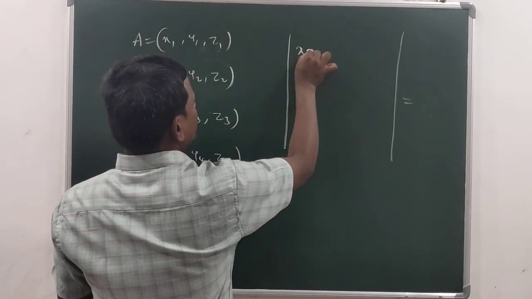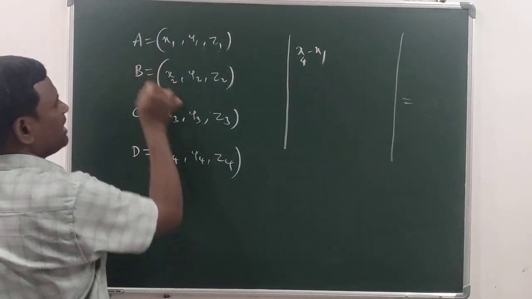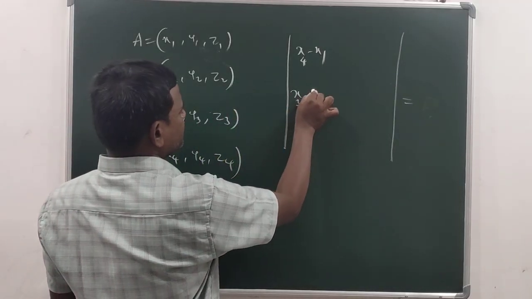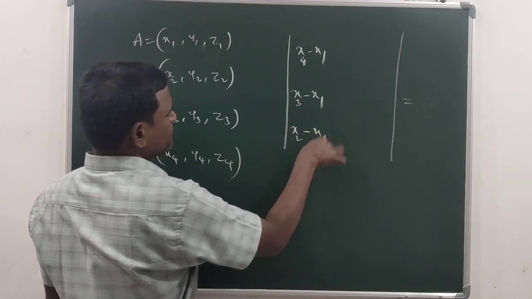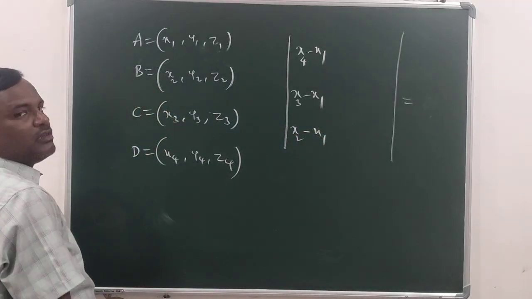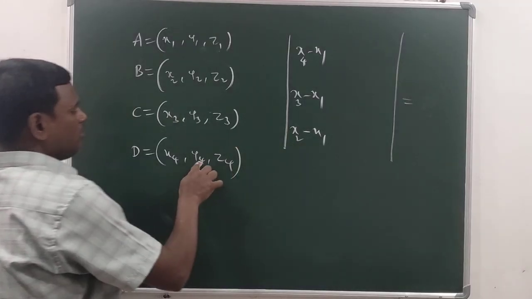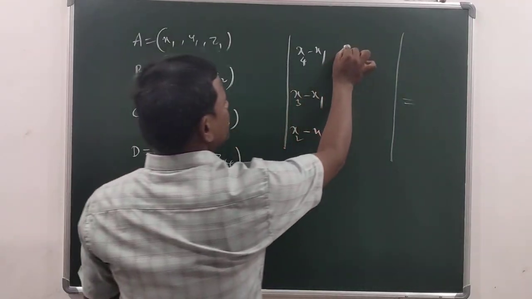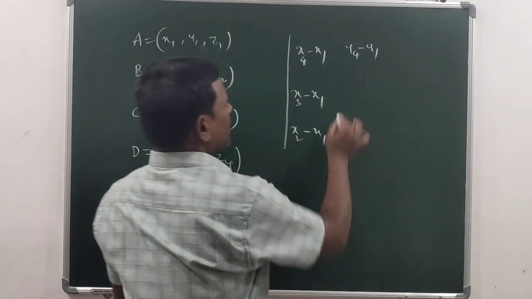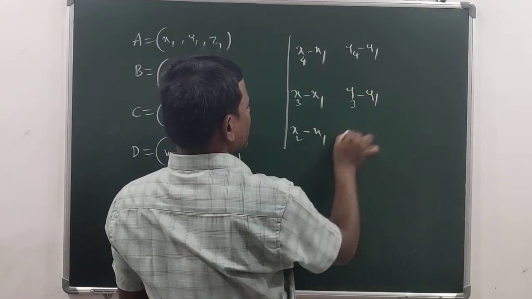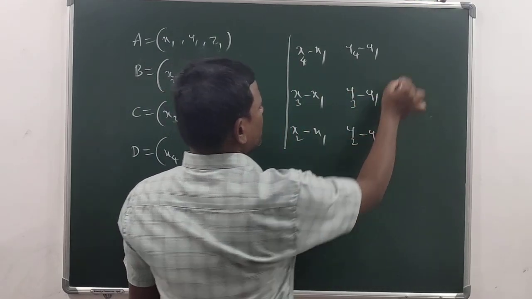first column: x4 minus x1, x3 minus x1, x2 minus x1. In the same manner, second column: y4 minus y1, y3 minus y1, y2 minus y1.